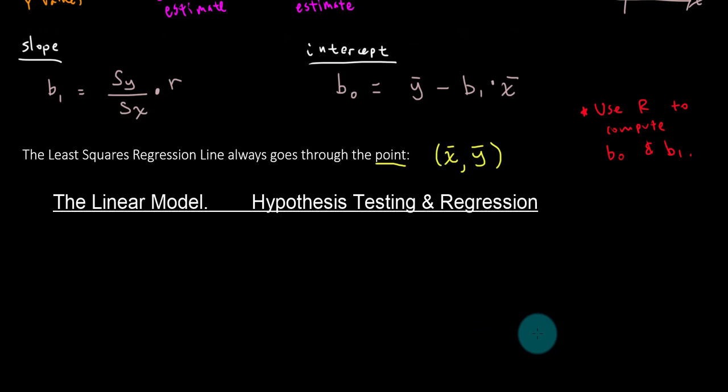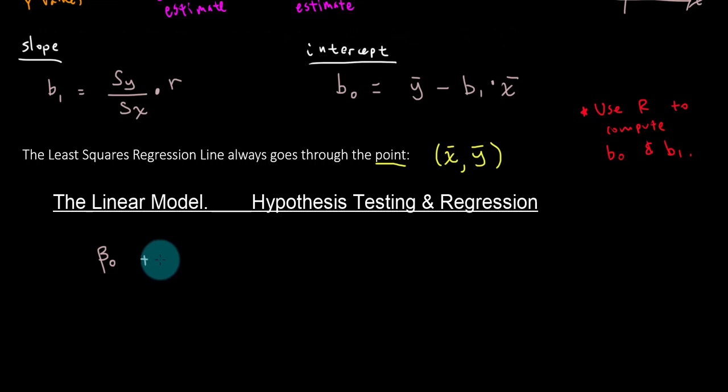To discuss hypothesis testing in the context of linear regression, we need to discuss a little bit about the idea of modeling, particularly a linear model. Our line written above applies with sample data.